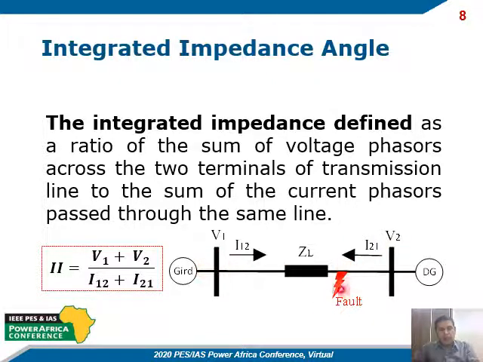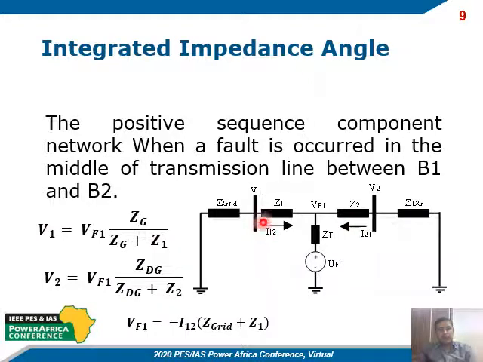Now, if a fault is applied in the middle of the transmission line, the positive sequence impedance can be presented as the following network, where VF1 is the voltage at the fault point and UF is the positive sequence network voltage source. By applying Kirchhoff's voltage law at loop 1 and loop 2, V1 and V2 can be calculated, where VF1 is minus I12 multiplied by the grid impedance and Z1.